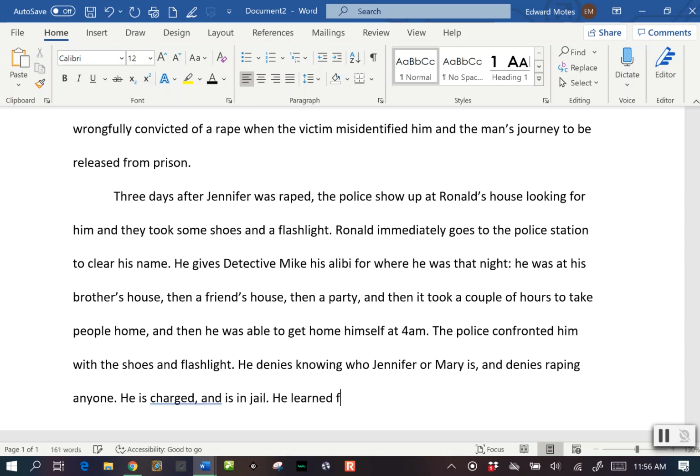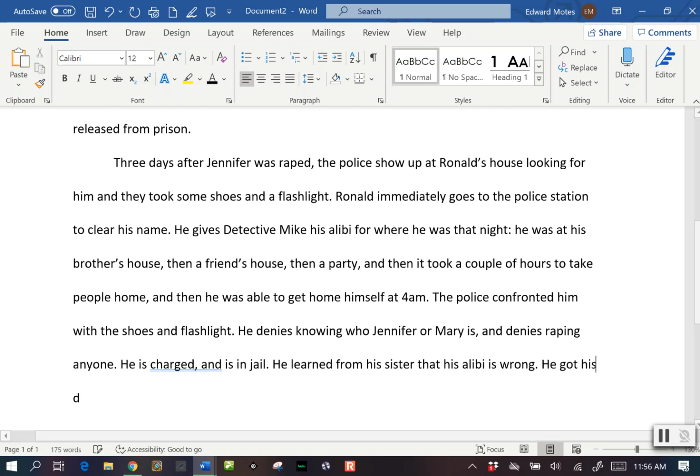He learns from his sister that his alibi is wrong. He got his days mixed up. He was at home that night with family. Okay? So just short and sweet and to the point.